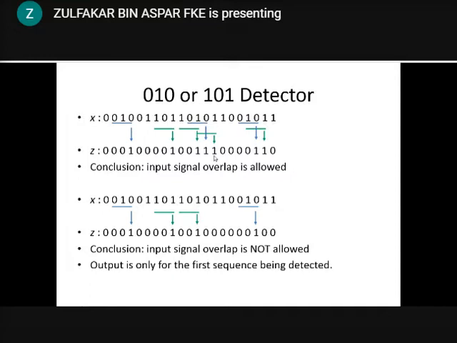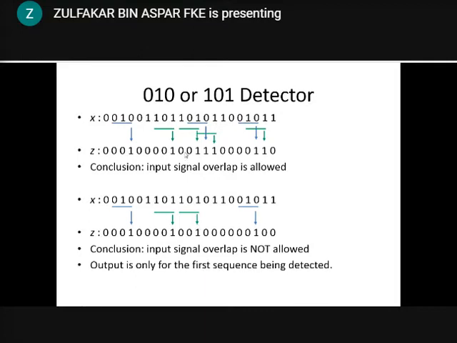But if signal overlap is not allowed, as you can see in the example below, the output of 101 here only has 2 input sequences of 101.